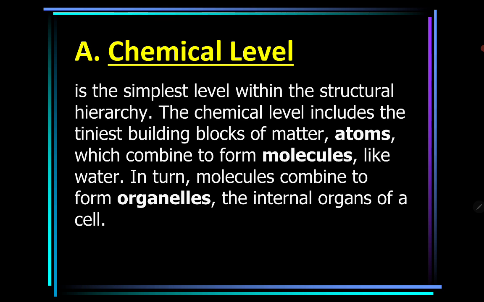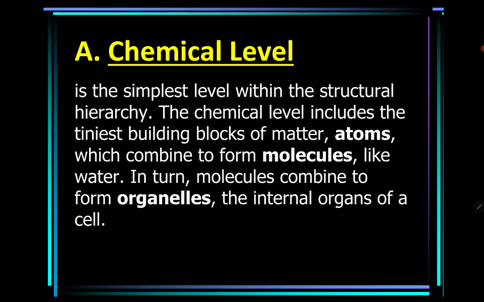The chemical level includes the tiniest building blocks of matter, which are the atoms. Again, these are the tiniest building blocks of matter, which combine to form molecules like water, which has hydrogen and oxygen, or H2O. In turn, molecules combine to form organelles, the internal organs of a cell.